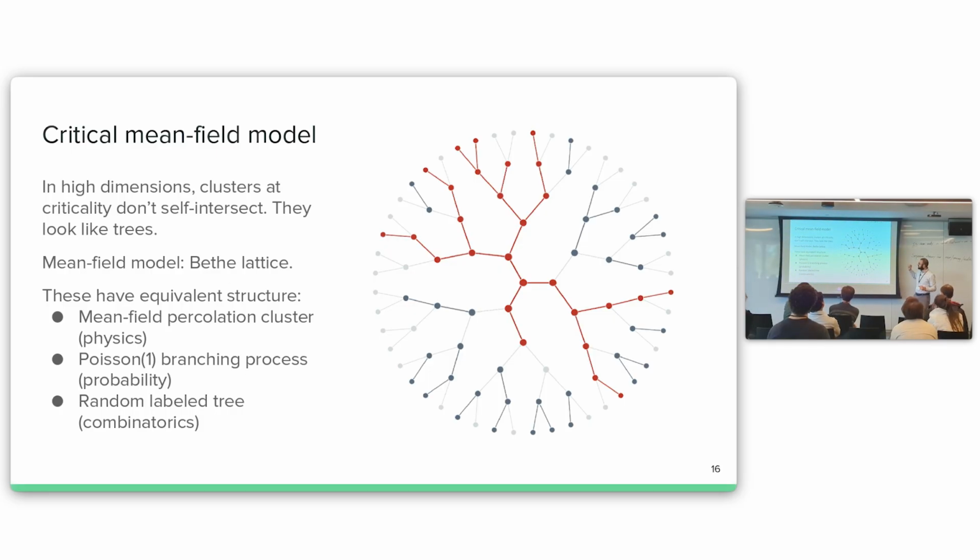So we can analyze a cluster on this lattice as a cluster on an infinite tree, which is called a Bethe lattice. Another property that we'll end up using is that there are a number of interesting relations between these mean field percolation clusters and different mathematical models, such as branching processes and random labeled trees in combinatorics.